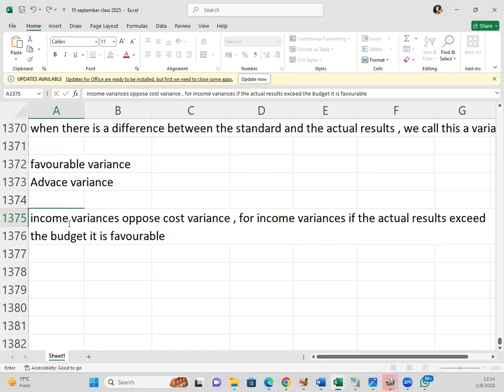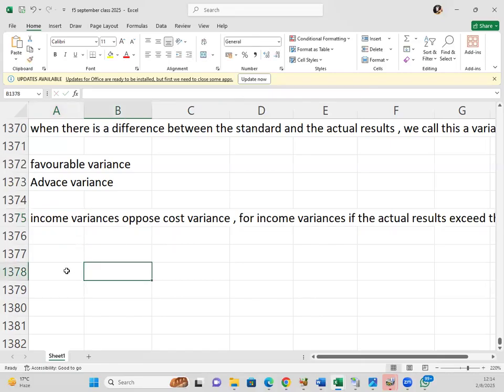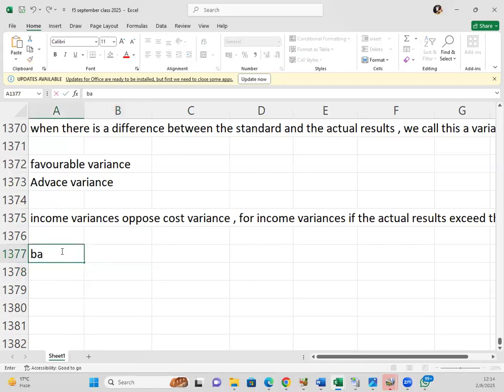Then the variances can be classified in two categories. We have basic variances, which I believe you have done in management accounting. I'll just revise some of the key ones, because for F5, they are going to focus on the advanced variances. So we recap the basic variances, then we move to the advanced variances.